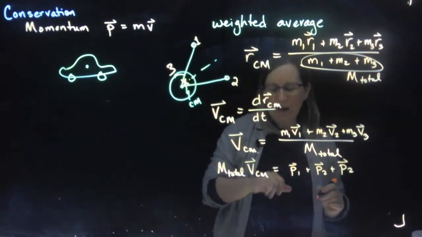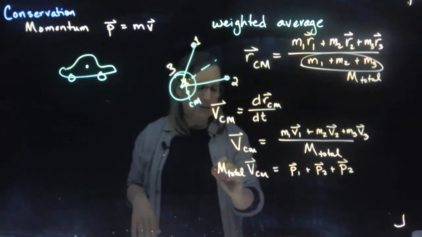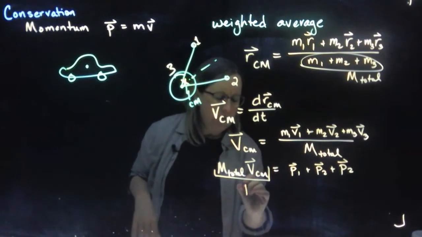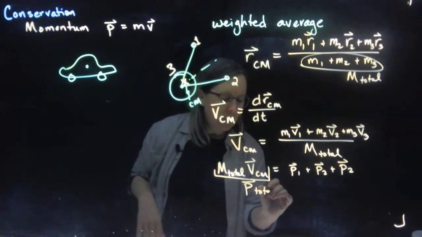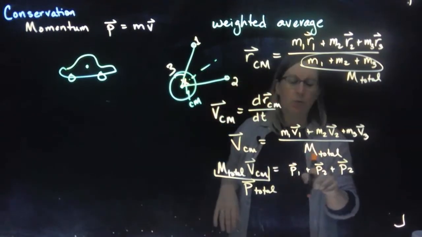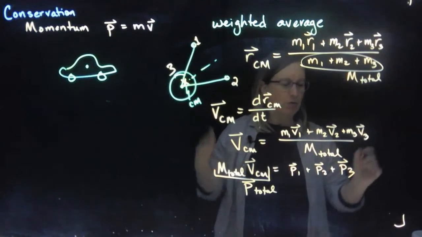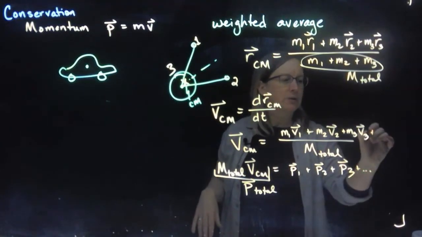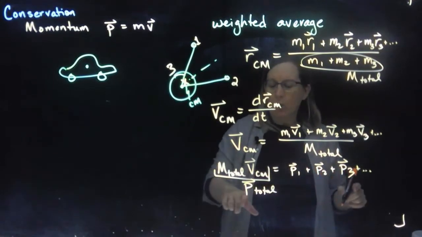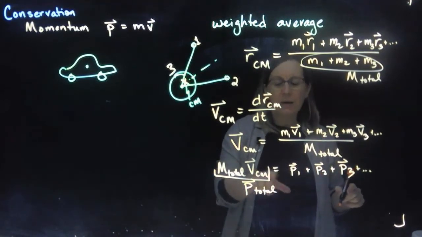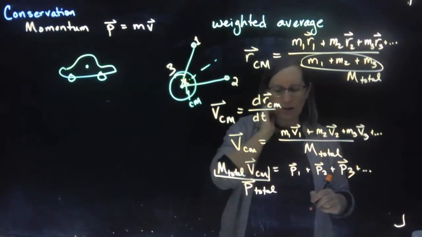So what we have is this, the total mass times the velocity of the center of mass is the total momentum, right? Because it's the momentum of 1, 2, and 3, or 4, 5, and 6, however many more we've got. We can put a plus there, okay? So the total momentum is equal to the total mass times the velocity of the center of mass.